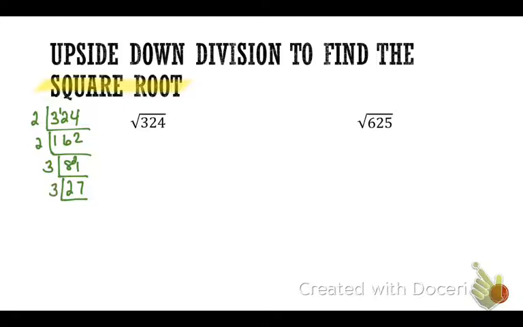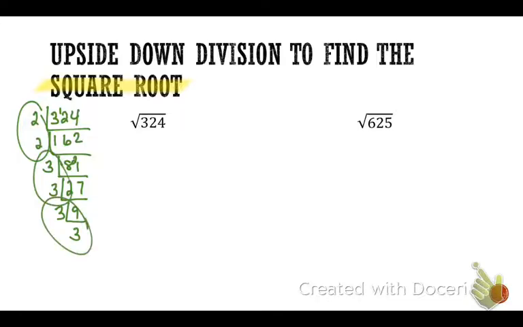Now the numbers are getting small enough that I kind of know where I'm headed, right? 3 goes into 27 how many times? 9. Okay? 3 goes into 9 how many times? 3. Anybody remember the next step now? Circle all your pairs. I got a pair of 2s. I got a pair of 3s.